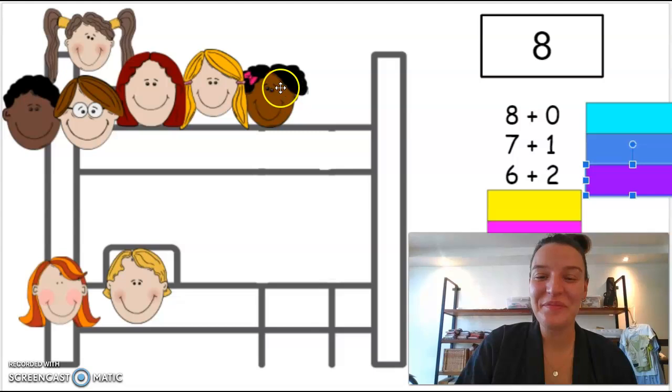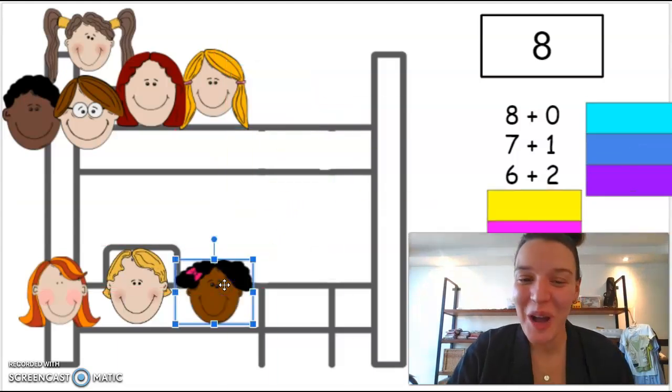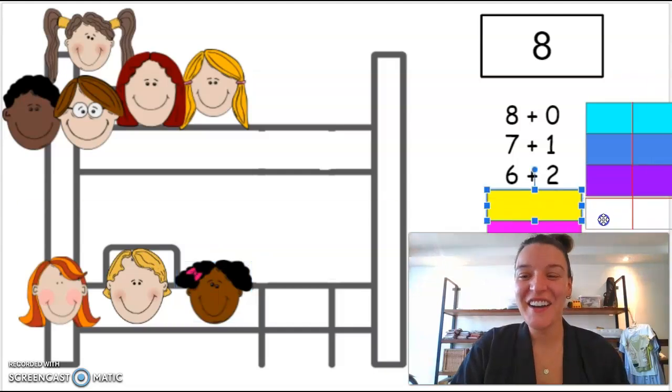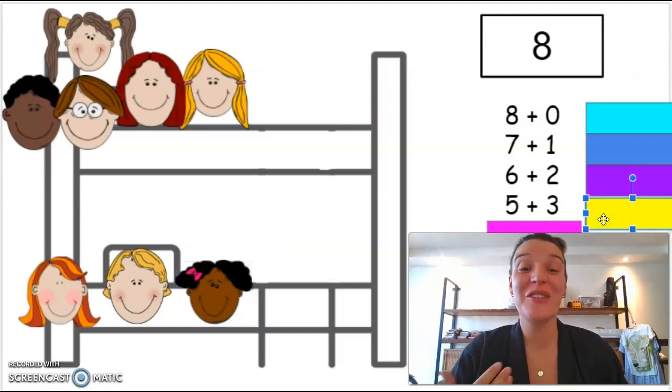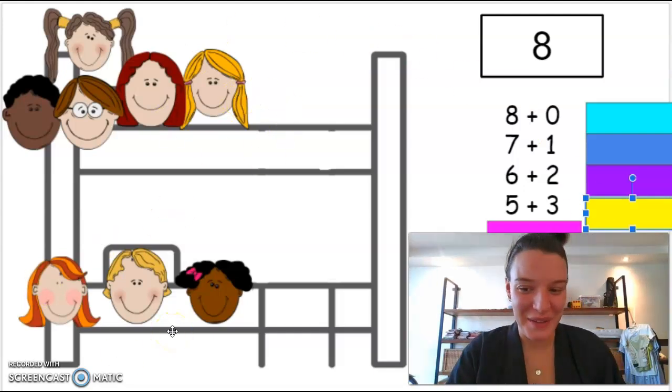Let's keep going. A new combination again. Can you figure it out? 5 plus 3. 5 on the top and 3 on the bottom.